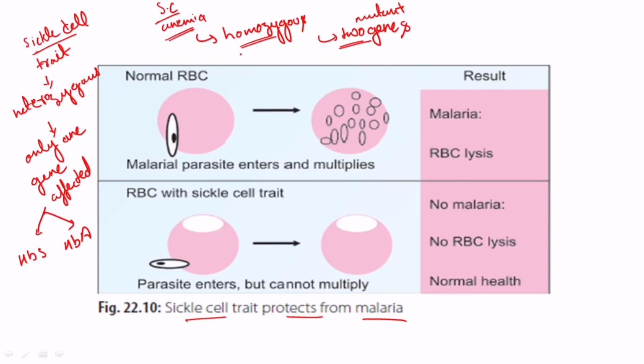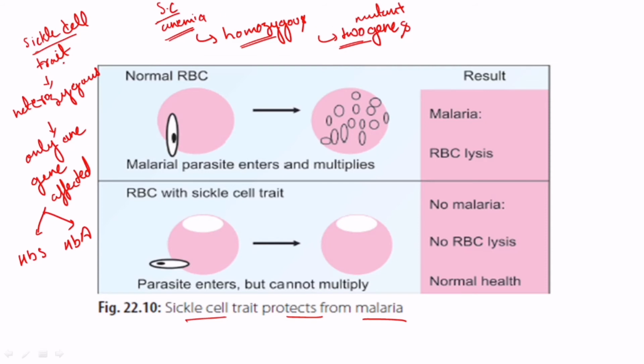Once again, I'm repeating for you: in sickle cell anemia, there is a homozygous gene, that is, two mutant genes are available, one inherited from each parent.